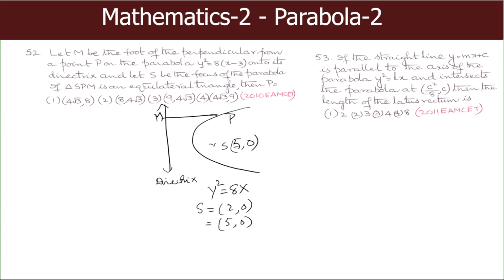Focus. Triangle SPM is an equilateral triangle. By giving like this, these two are always equal. Why? Because SP equal to PM, that is the focus-directrix property of the parabola.